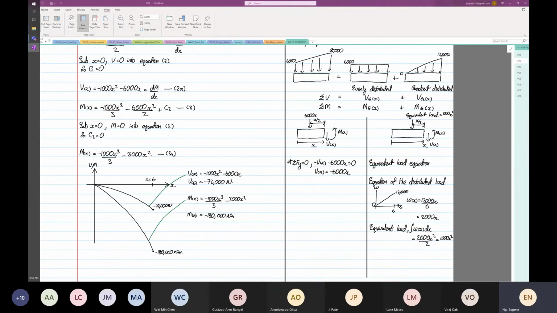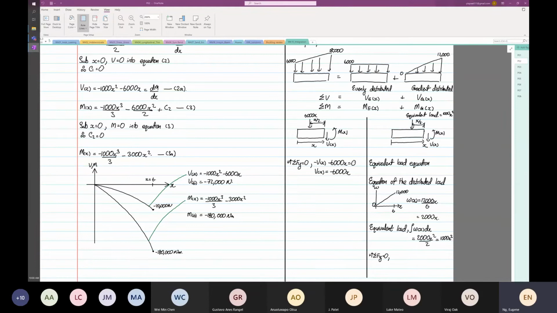So now we can start dealing with our summation of forces in the y direction. It will be equal to minus 1,000 x squared.